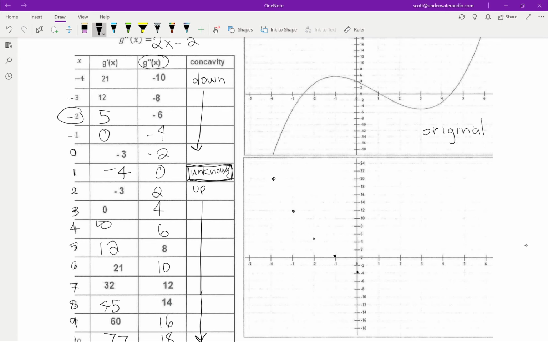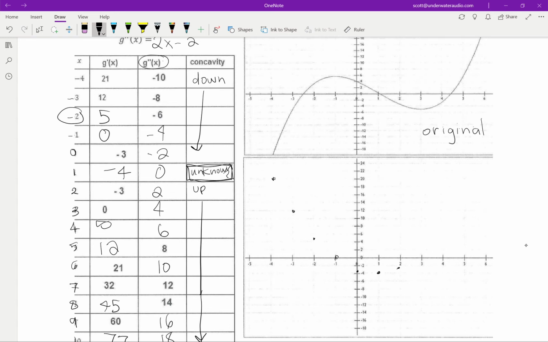Uh-oh, let's see. I think I messed something up. I got distracted. Okay, so at -1 it was 0. I drew that kind of wonky. And then at 0 it was -3. At 1 it's -4. Okay, yeah, no, I was fine. I just panicked. 2, -3.